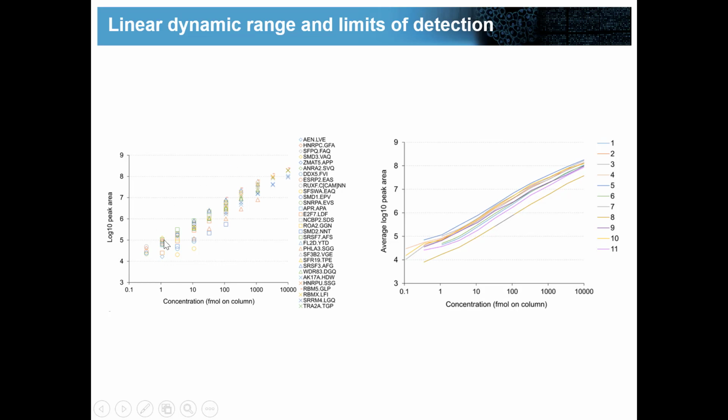So this is the data from one site, but we can draw a line, an average response through all of these peptides, and then we can overlay the data from all 11 sites. And what you can see is that it's coherent in most ways. To first approximation, they have the same slope, they have the same kind of span, so there's some small differences in the limit of detection at the lowest end.